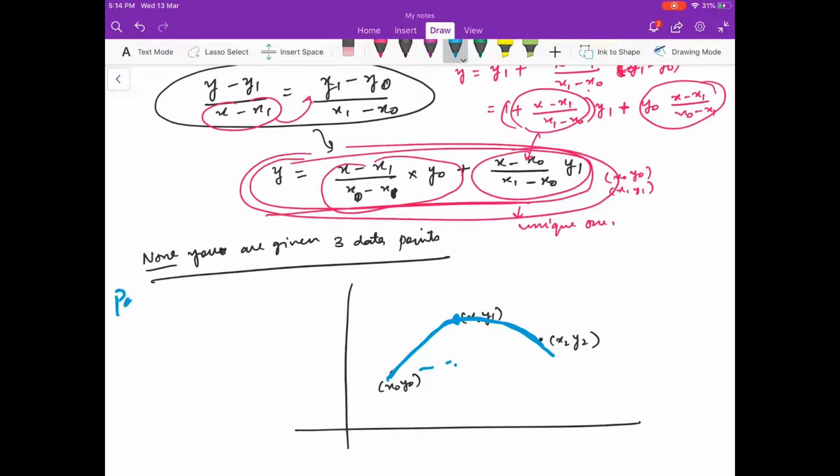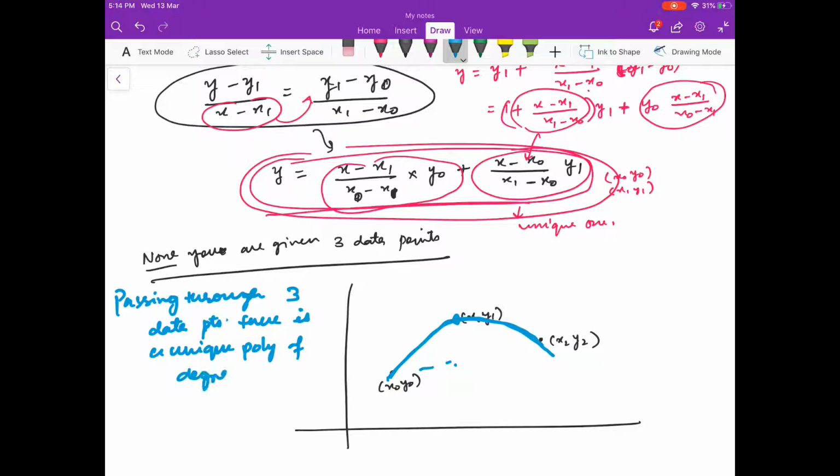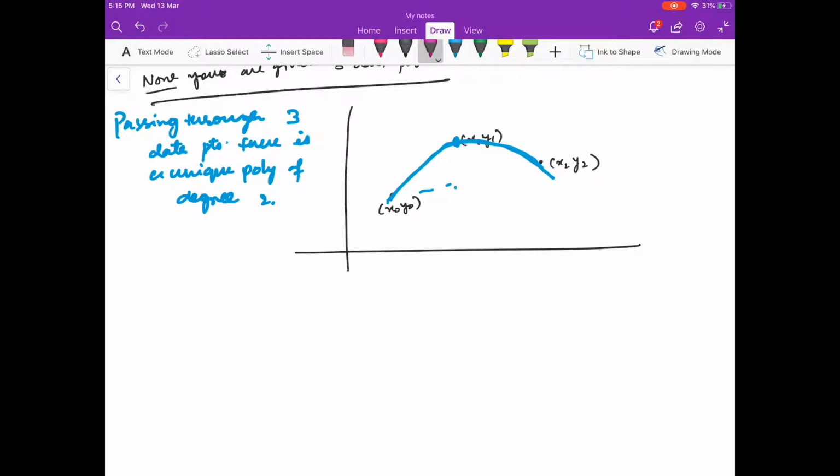So passing through 3 data points there is a unique polynomial of degree 2. Now how can we find that polynomial? So you can go like this. You assume that your polynomial is of this form.